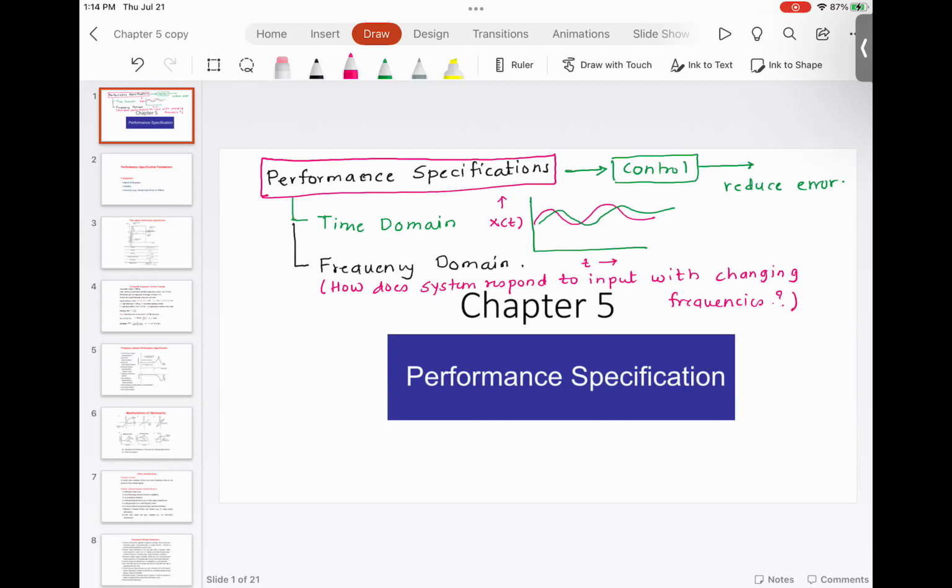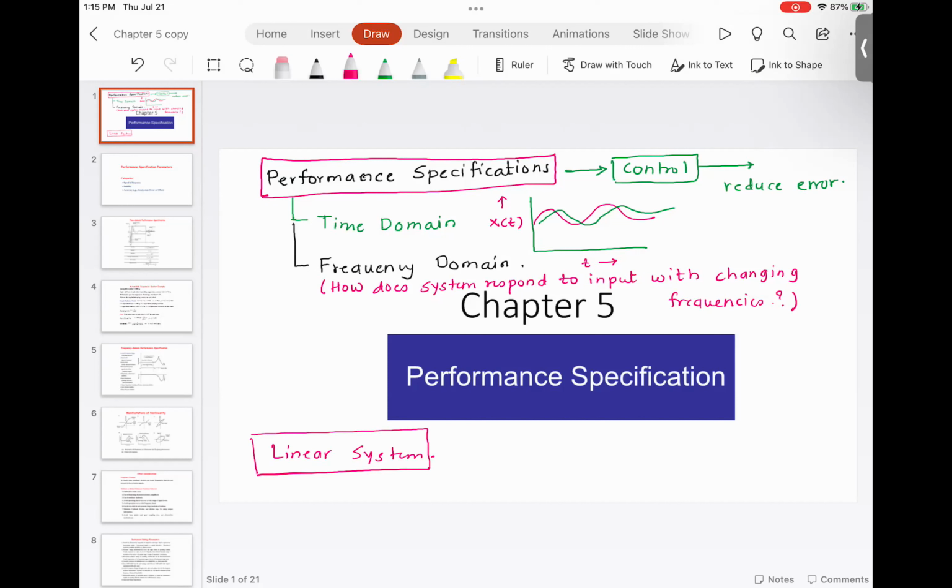And time domain and frequency domain analysis is very, very important for the linear systems. And the linear systems, they follow the principle of superposition, which means you can add the inputs and the system will respond with added outputs.